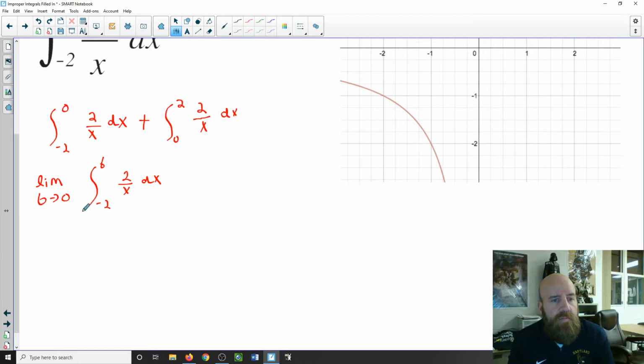Now if we integrate 2 over x, we know that becomes 2 ln x, and we're going from -2 to b. So we go ahead and plug those in.